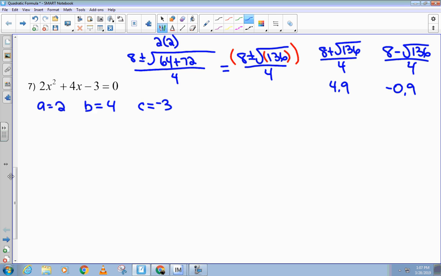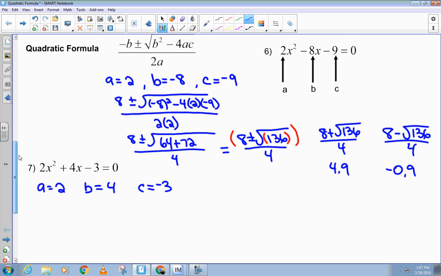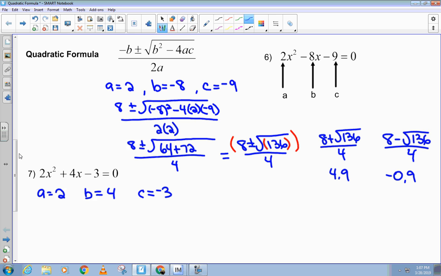So we've got -b, so that'd be -4 plus or minus the square root of 4 squared minus 4 times 2 times -3 over 2 times 2. Okay?